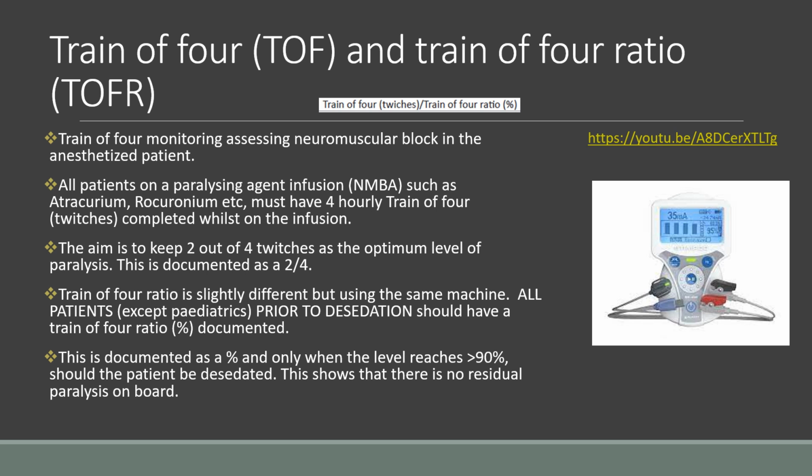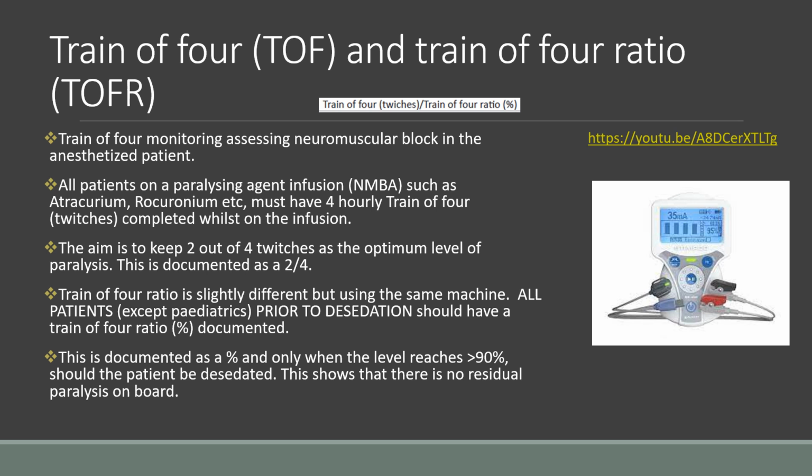Now the train of 4 ratio is slightly different, but it uses the same machine. All patients except pediatrics, prior to desedation, we need to do a train of 4 ratio, and this is given as a percentage.